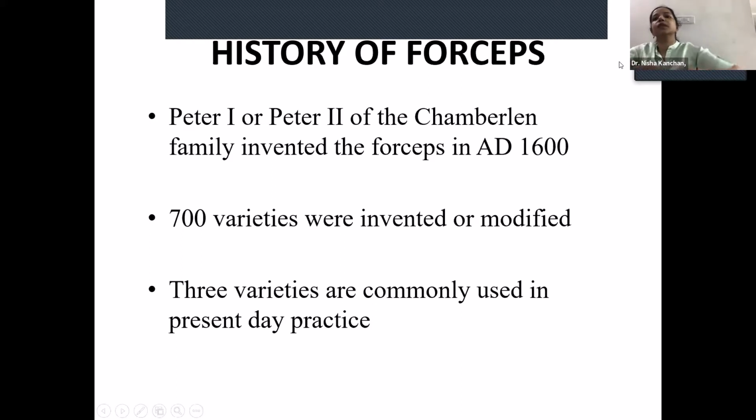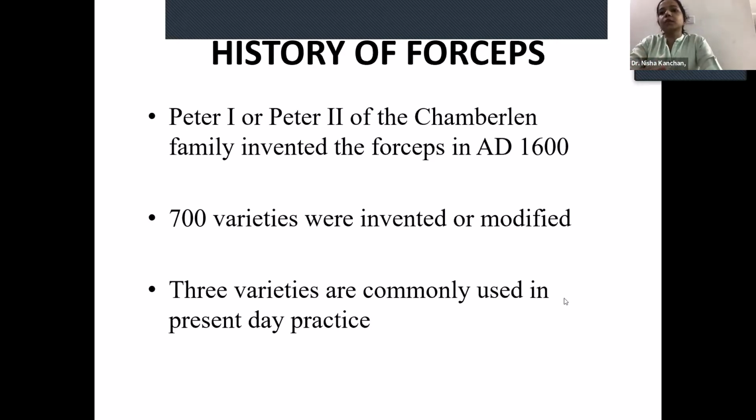Whenever there was a difficult delivery, they carried their forceps in a locked chest. During the delivery, nobody other than them was allowed in the delivery suite, and they would also blindfold the delivering patient. That is the level of secrecy involved in the use of forceps.